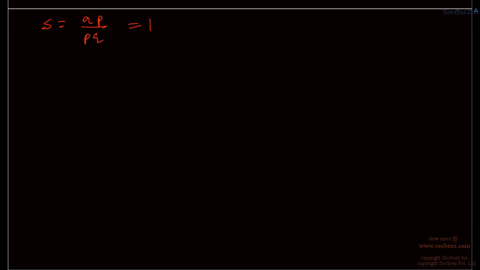Similarly, let's find out the product. Product is 1 by alpha 1 beta 1 and the second root is 1 by alpha 1 beta, 1 by alpha beta 1. Right?